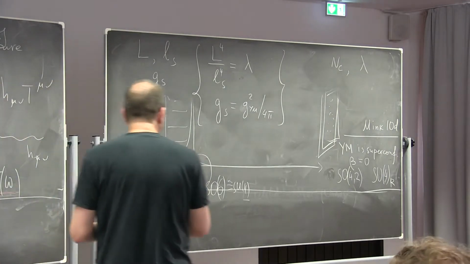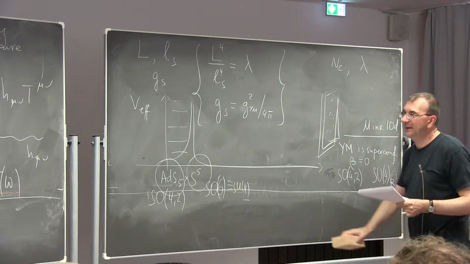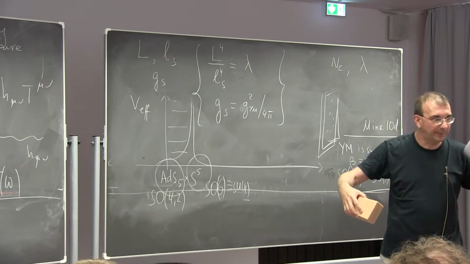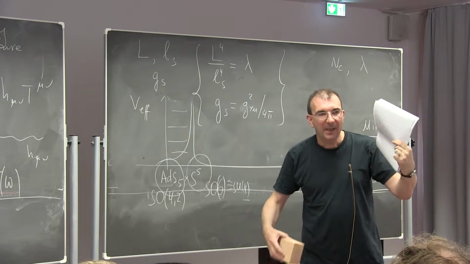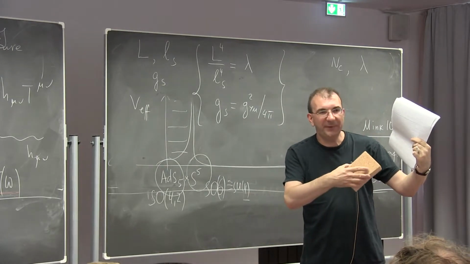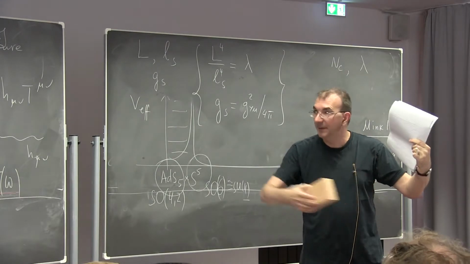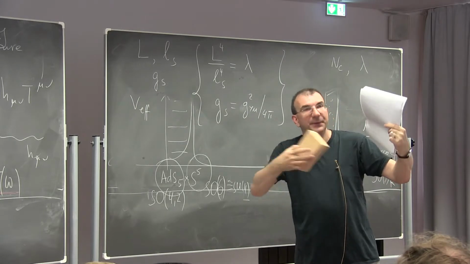So there was this conjecture. Philosophically, what we are doing is this: we have some soliton-like object in a theory, and we can describe this object in two languages. One is the language of open strings, that means Lagrangian, and the second language is the gravitational solution of closed string theory.